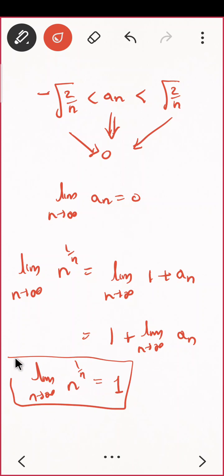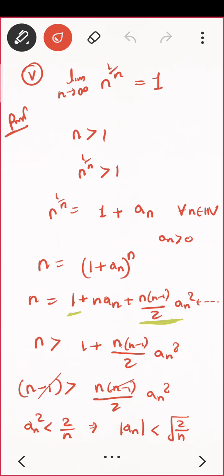Go back to the proof and check whether it's correct or not. Yes? Is that okay? The main observation was that n raised to 1 by n depends on n.